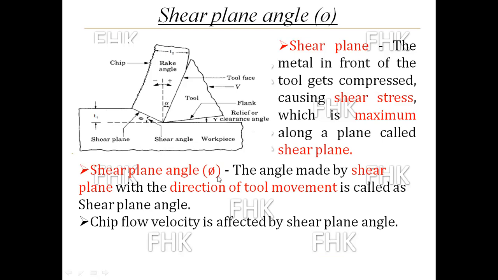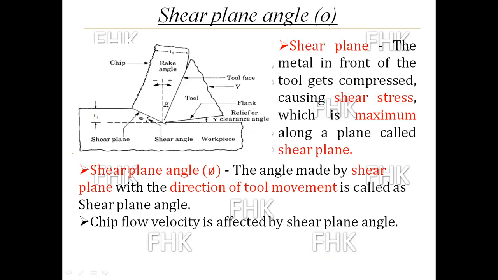Shear plane angle phi is nothing but the angle made by the shear plane with the direction of tool movement. The angle made by the shear plane and the line parallel to the direction of tool motion. This is tool, and this tool is moving from right to left in this figure. So this horizontal line is nothing but the direction of tool movement.